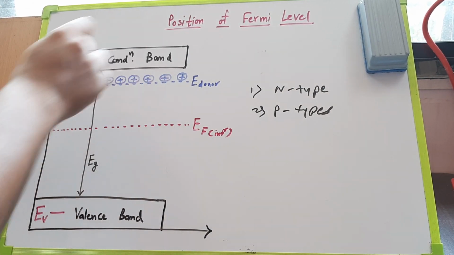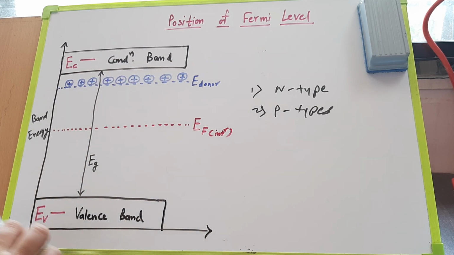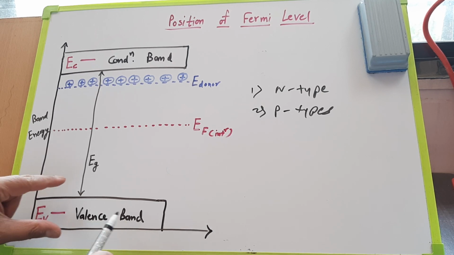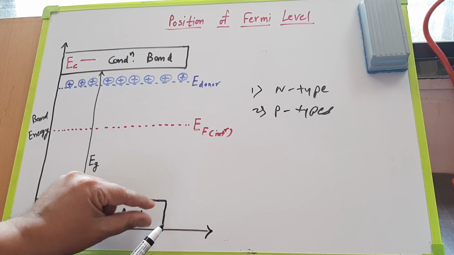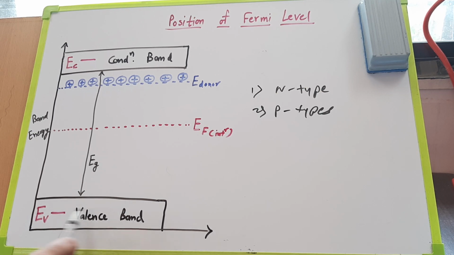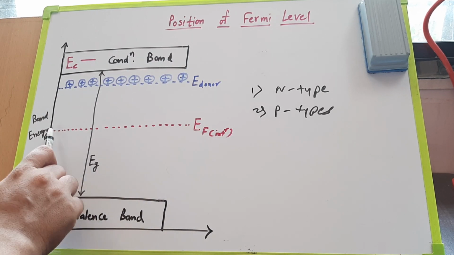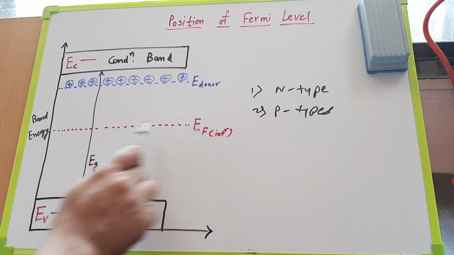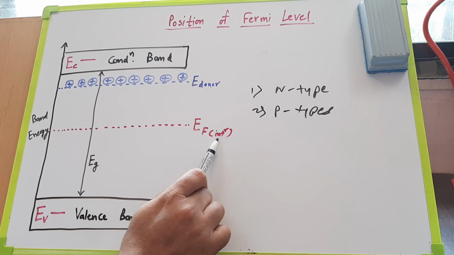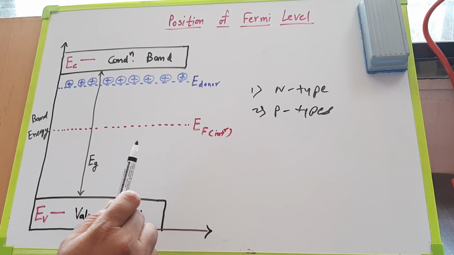Now this is the proper picture: valence band, conduction band. As we remember, the valence band is considered as very small thickness, so a particular energy level is considered as EV. This is EC. And this is the Fermi energy of the intrinsic semiconductor, the pure semiconductor.